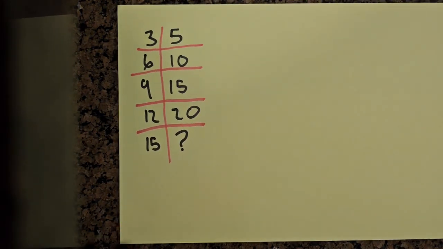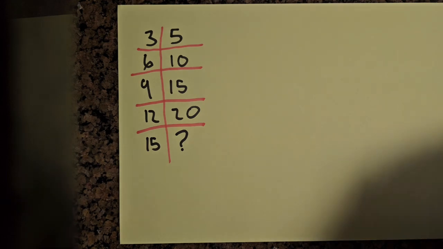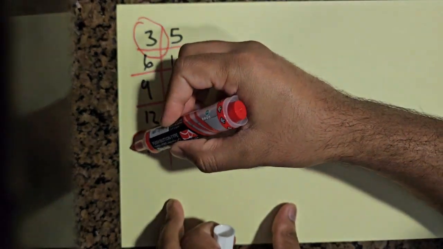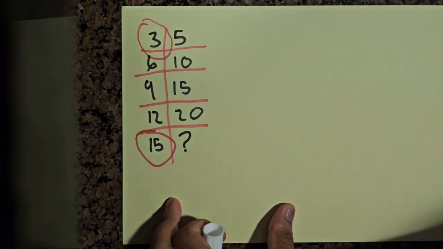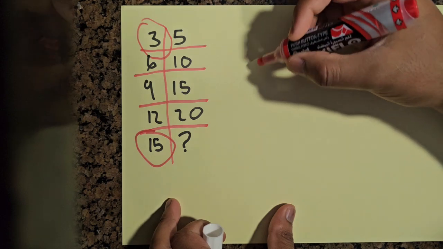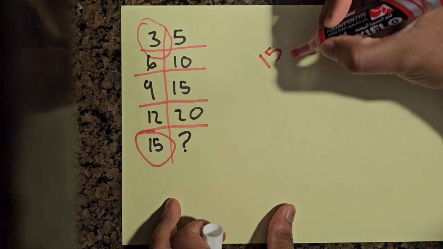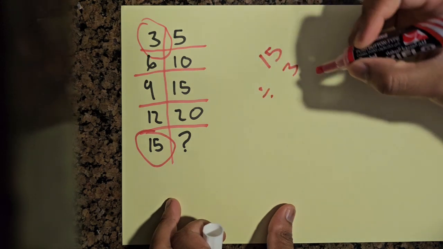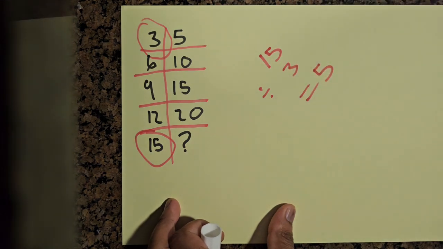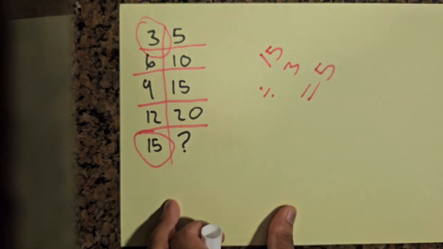So how you would solve this is, you want to check how many times does 3 go into 15. So 15 divided by 3 equals 5. So that means that they've multiplied the ratio by 5.